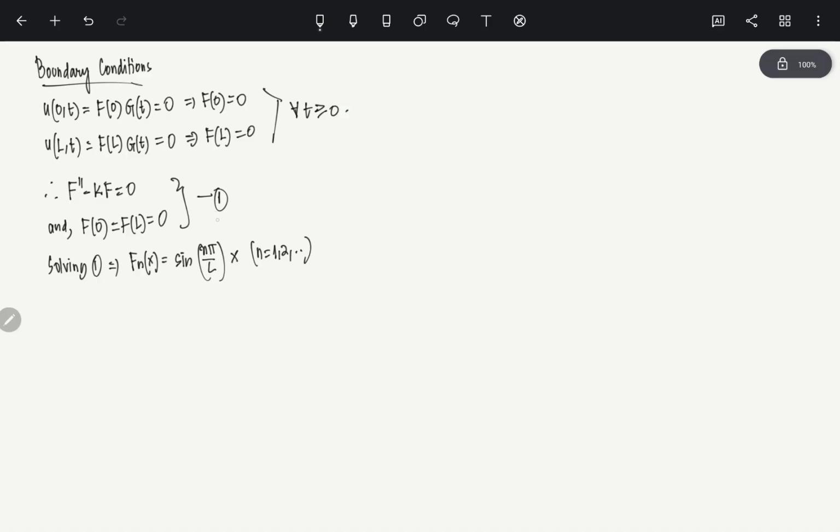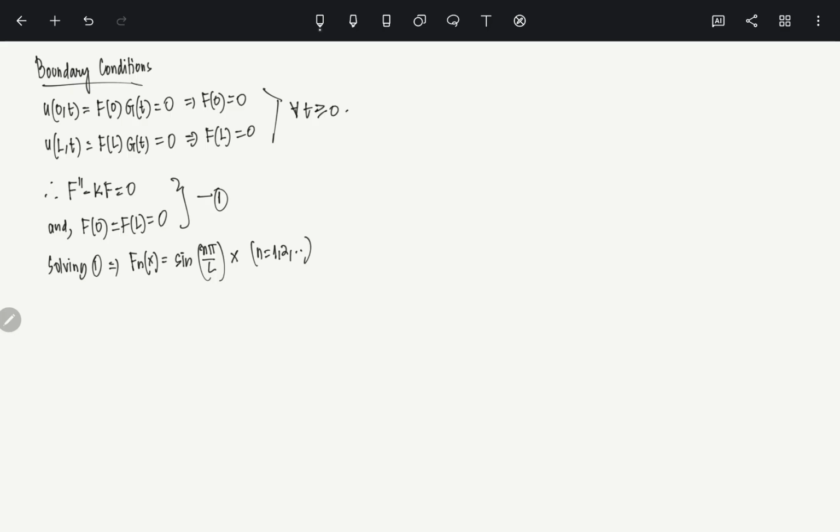So what sort of equation is this? This is a regular Sturm-Liouville problem, right? For a regular Sturm-Liouville problem, we know that all the eigenvalues are real. So now you just have to find out whether they are negative, positive, or zero. You can figure that part out and show that the eigenvalues all look like this. And what are the eigenfunctions?